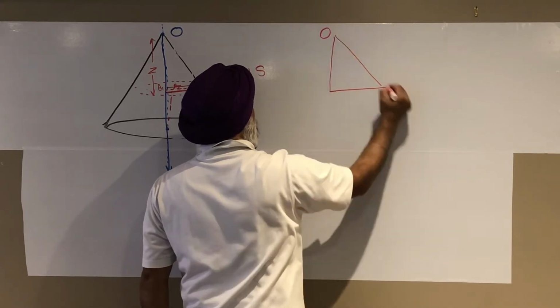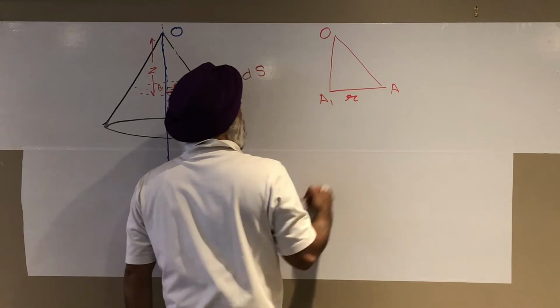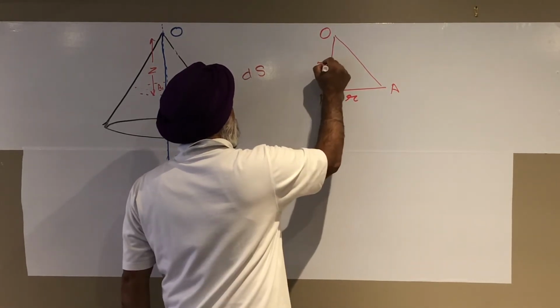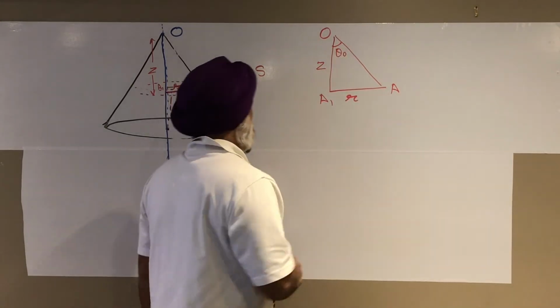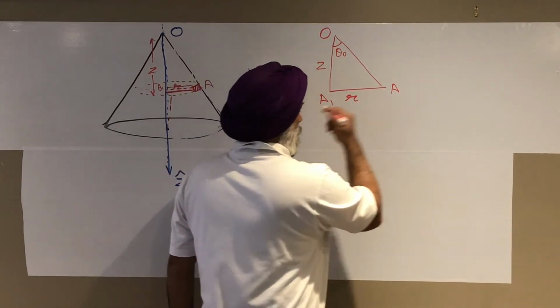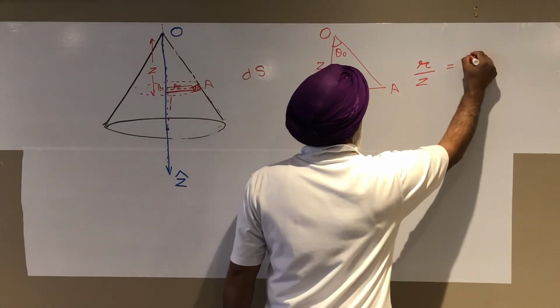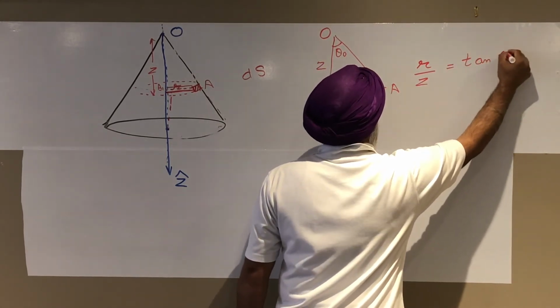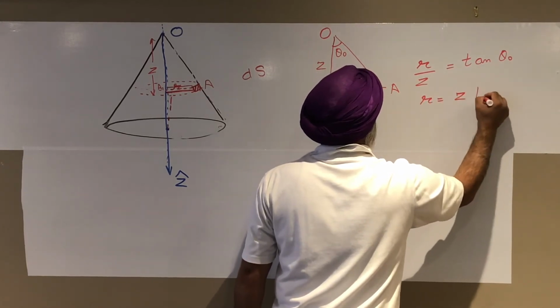We have O, A, A1. This is R, this is Z. This angle we had previously said was theta naught. Let's keep it theta naught. We see that R by Z is tan theta naught. So R is a function of Z.